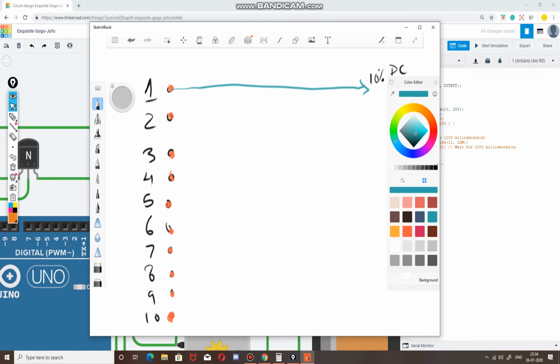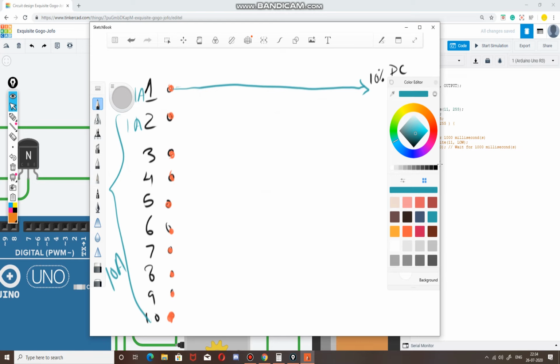Although this is not exactly how it works, just to explain you guys, see, this 1 represents 1 ampere. This 2 also represents 1 ampere, and in total this thing represents 10 amperes. So hence I have taken 10 points here.